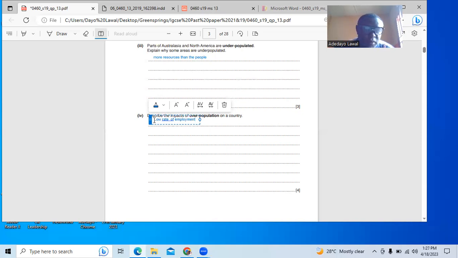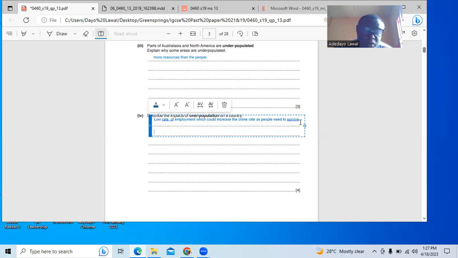So low rate of employment, which increases the crime rate as people need to survive. Now, I think my answer here was 2 marks because I talked about low rate of employment and I've also talked about crime rate. So crime rate is high in such a society.